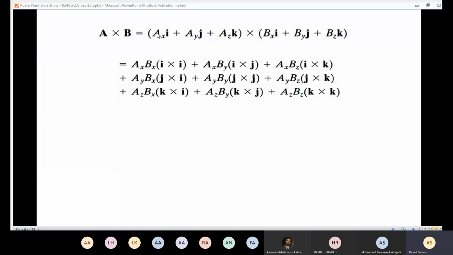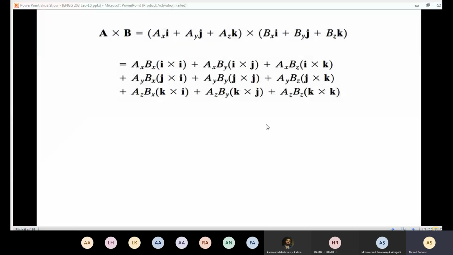So AXI cross BXI, and also from the associative law, AX and BX are magnitudes, so I can put them here, and I'm going to only put I cross I. And similarly, I can do it for all the rest of the terms. So now I have 9 terms.